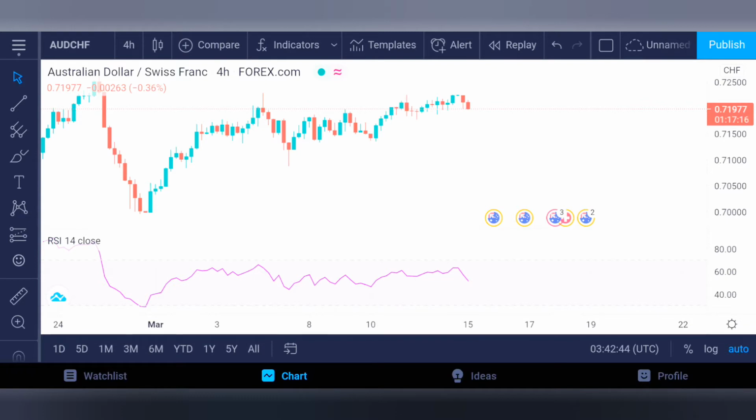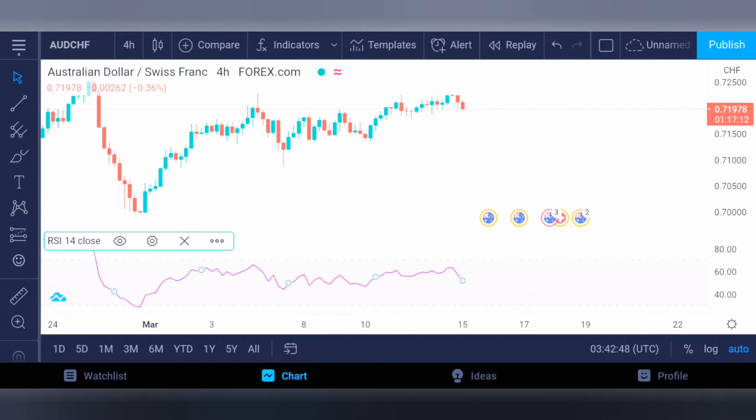If it goes below the 40 mark, right down here, you say that it has been oversold, so you want to buy. So it's basically used to call reversals. When the wavy lines go above 80, you say it's overbought, you want to sell. When it goes below 40, you say it's oversold, you want to buy.